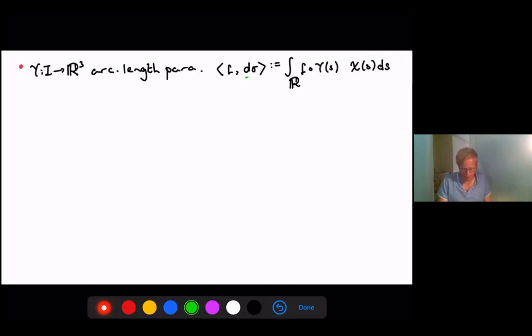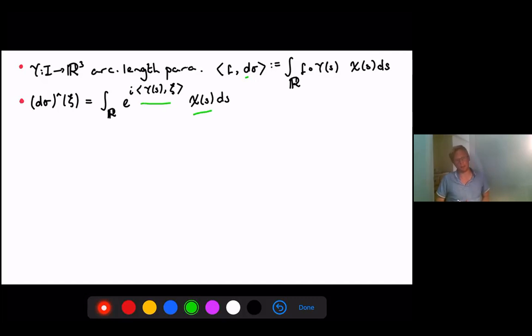If we're testing the measure against a function f, all we're doing is precomposing f with this parameterization and then integrating that against some cutoff function chi, which is just some smooth cutoff function. When we take the Fourier transform of the measure written in this form, we get a simple oscillatory integral expression, with an amplitude, which is our smooth cutoff, and a phase, which is the inner product of our parameterization with the frequency vector ξ.